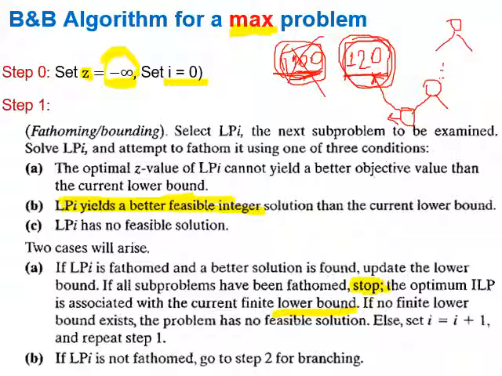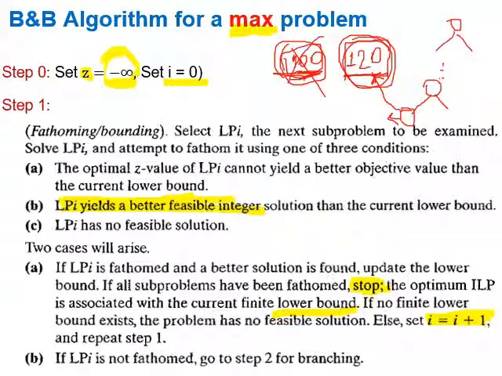Otherwise, if none of these conditions hold, then what do we do? We increase our index. Remember, we started with index 0, then solved this first LP0 here. Depending on that, we tried to fathom it. But if none of these conditions hold and we cannot fathom it, we cannot stop the algorithm.